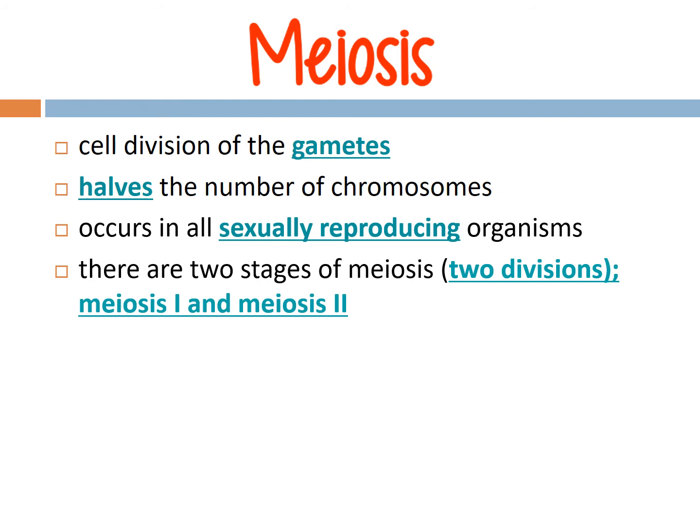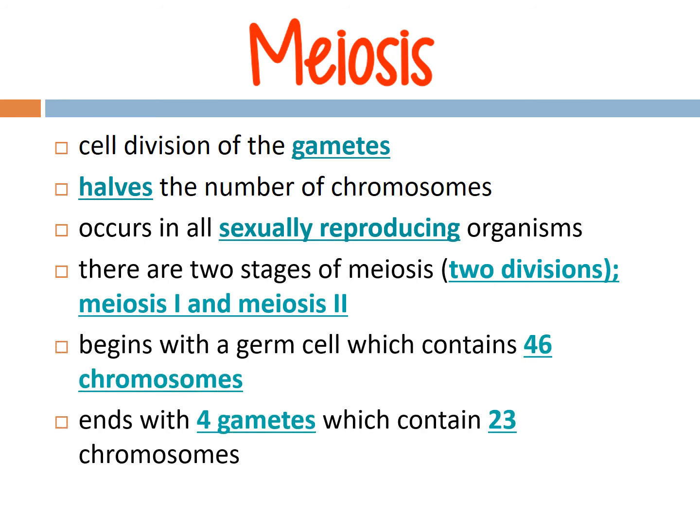It's going to occur in all sexually reproducing organisms, and it happens twice. We have meiosis 1 and meiosis 2. It begins with the germ cell, which contains 46 chromosomes, and it ends with 4 gametes, which contain 23 chromosomes. So we start with 46, we end with 23.